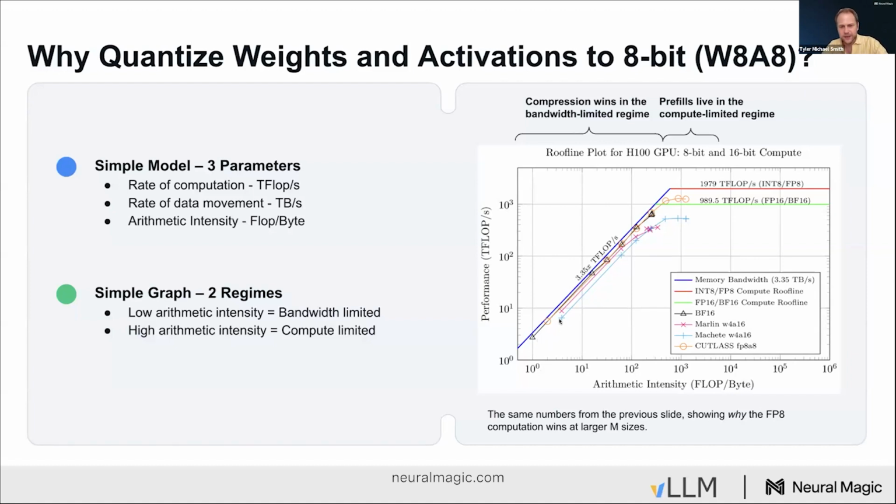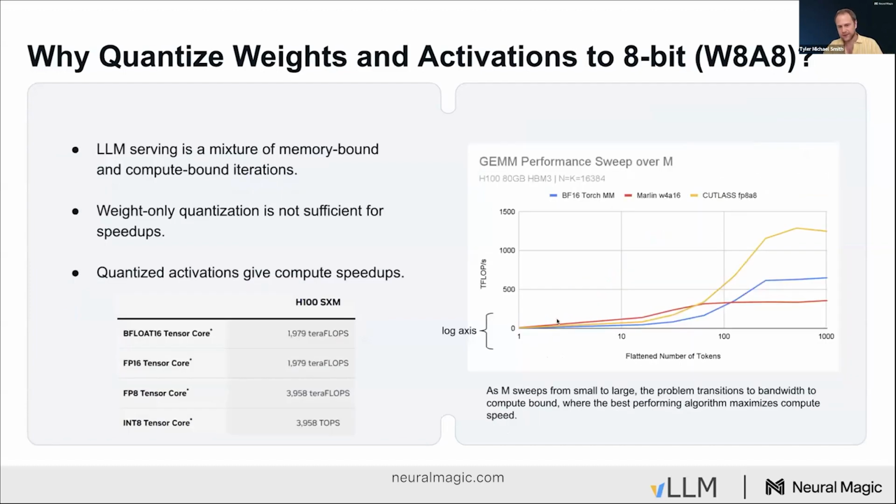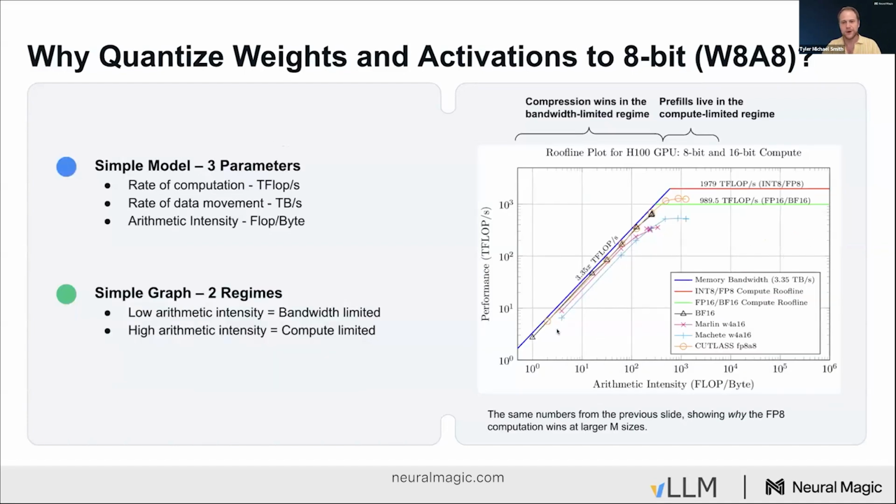Let me go back to the previous plot a second. This is the same data as this. If we look at this yellow cutlass line here, this corresponds to the orange cutlass line here. As we increase the M dimension, our arithmetic intensity increases and our performance increases as well.